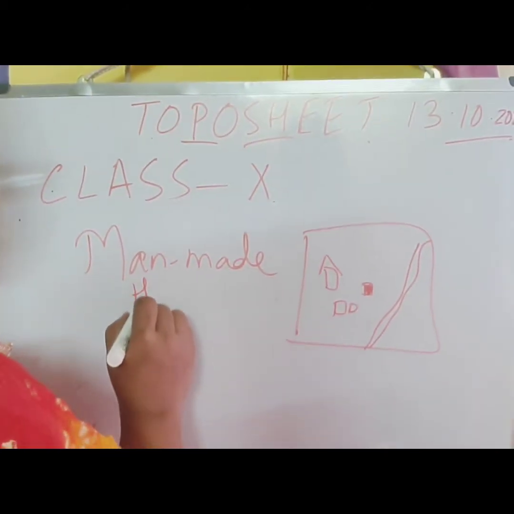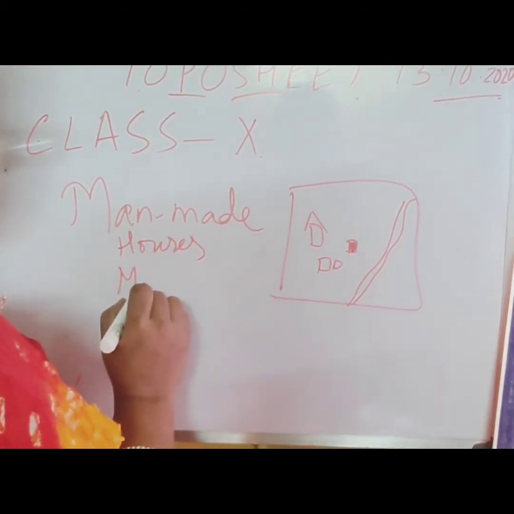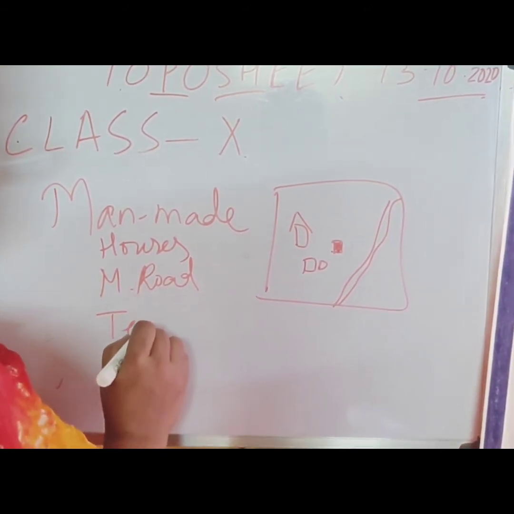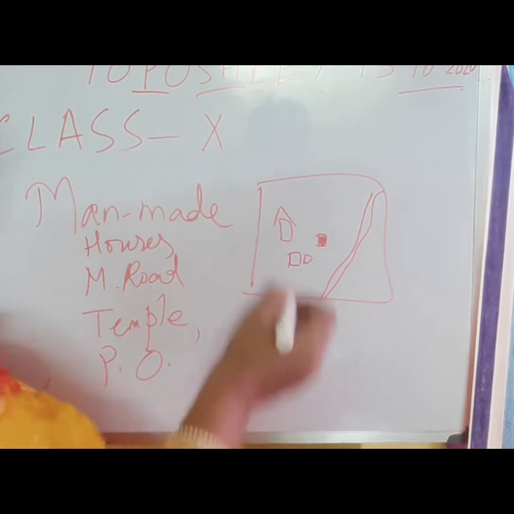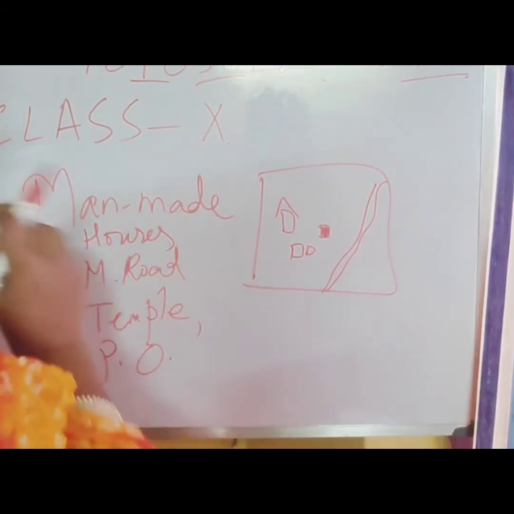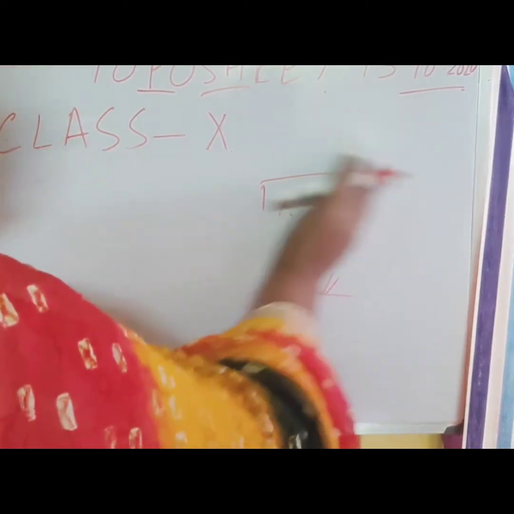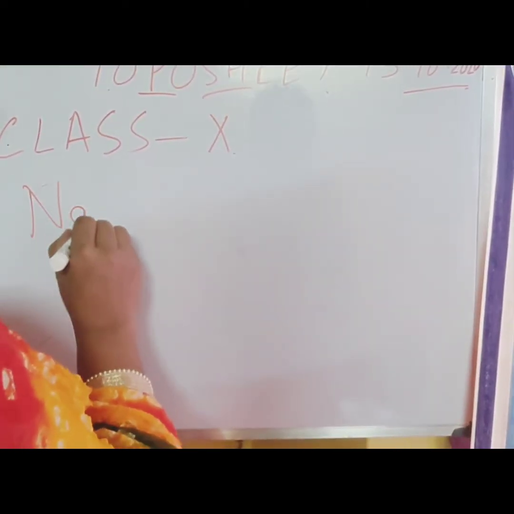It can be the houses, it can be the metal road, it can be the temple, the post office. Those are features which are made by man. Okay, man-made features. Now, the last part of today's discussion is the natural features.